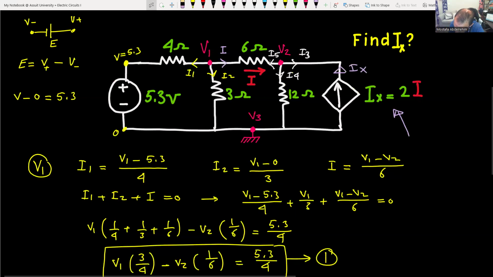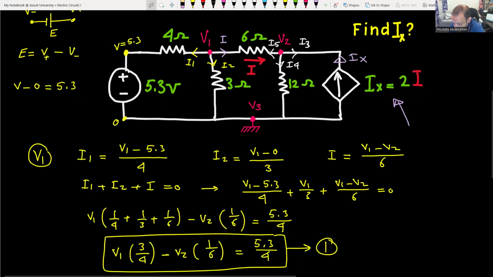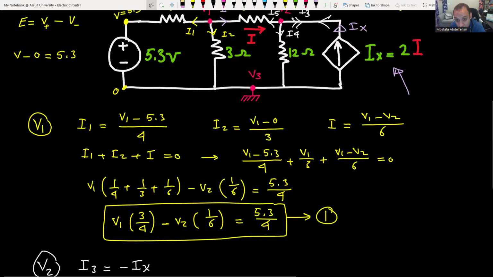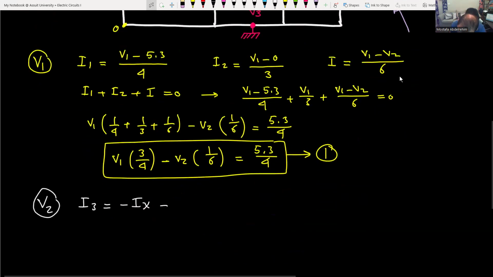So I3 is actually minus IX. IX is flowing in that way and I3 is going the opposite direction, so I3 is equal to minus IX. And what is IX? IX is actually 2I, so this is equal to minus 2I.